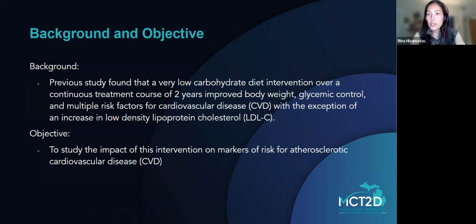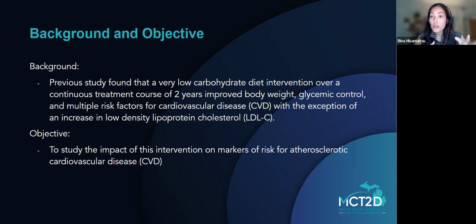Alrighty, so let's take a look at the background and the objective for the study. A previous study had found that the very low carbohydrate intervention over the course of 2 years created positive outcomes or improvements in body weight, glycemic control, and multiple risk factors for cardiovascular disease, with the exception of an increase in LDL cholesterol.